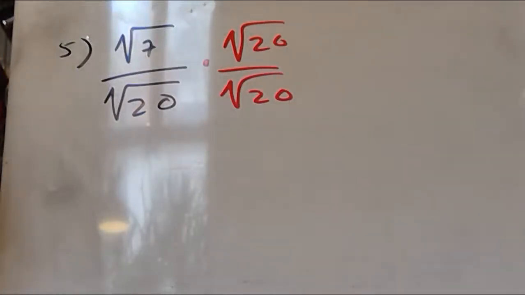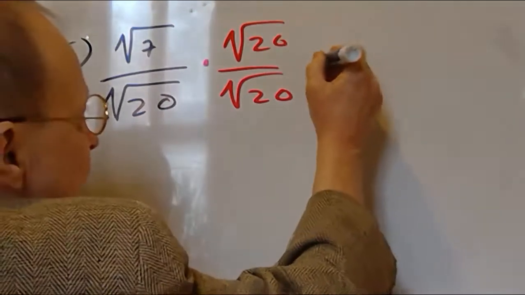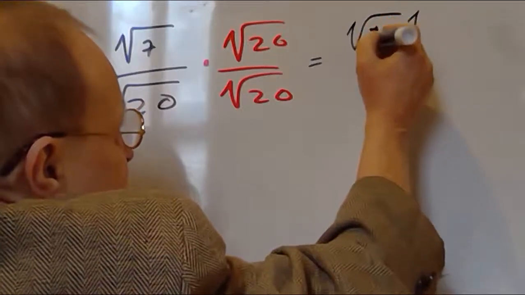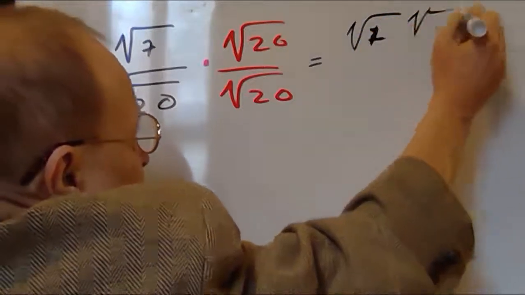So what do I get? That means that I have here square root of 7 times square root of 7, that's 7, square root of 20.